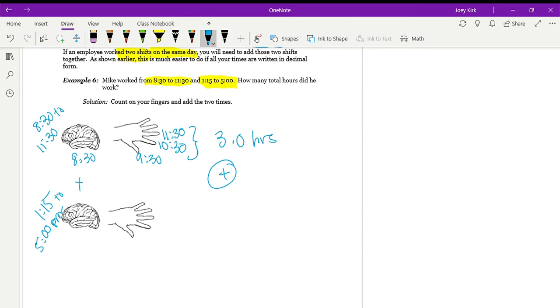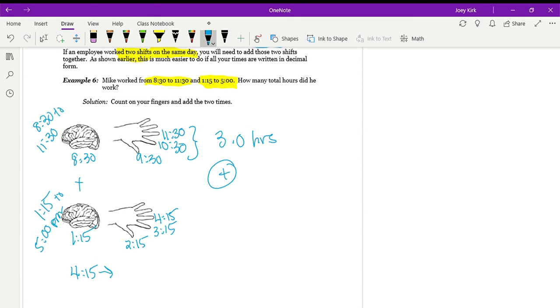Okay? Now 1:15 is where we're going to start this time. So our first hour would be 2:15. Our second hour would be 3:15. Our third hour would be 4:15. Okay? And then 4:15 to 5, so that's not a full hour.